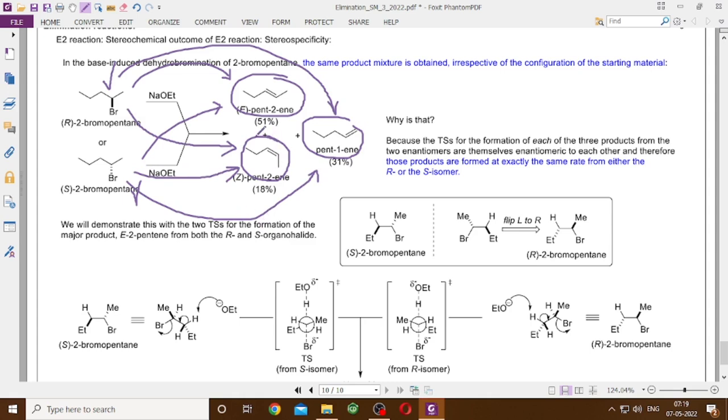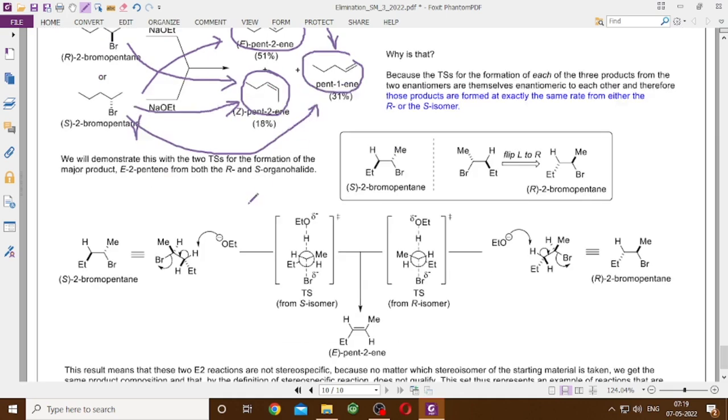For each of the three products we are generating from the two different enantiomers, we have two different transition states, one starting from the R and the other starting from the S isomer of the starting material. They are enantiomeric to each other.